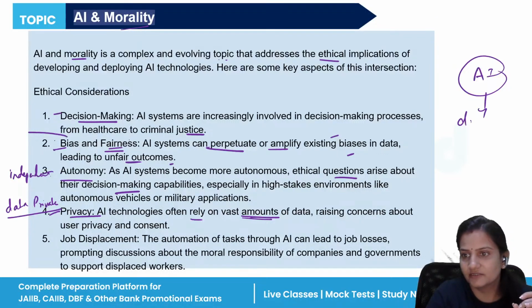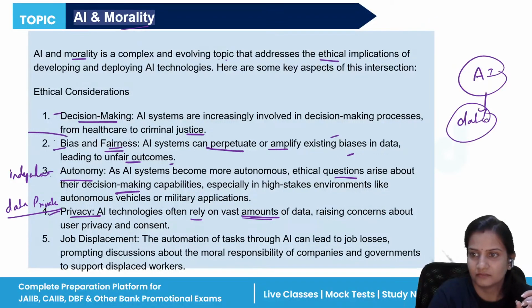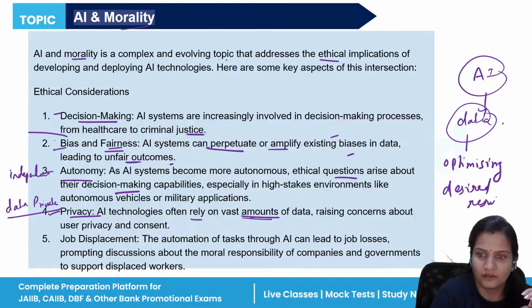So definitely it needs a lot of data for optimizing the desired result. So it raises concerns about privacy and consent. Clear? If the data is not private, then it is unethical. If the data is private, then they are following the ethical considerations.